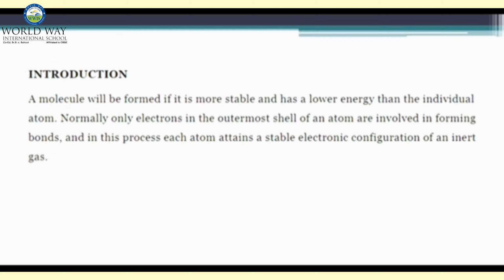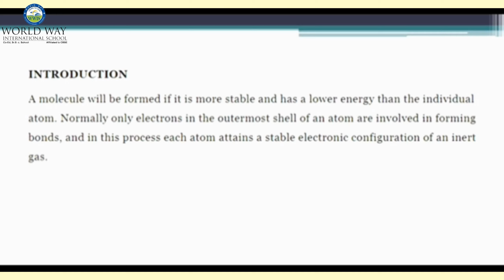Now, we will begin with the explanation related to the molecule formation. The condition for the formation of a molecule is that it will be formed if it is more stable. That means it contains a lower amount of energy in comparison to the separate atoms.